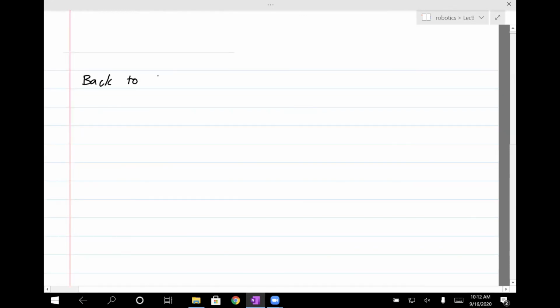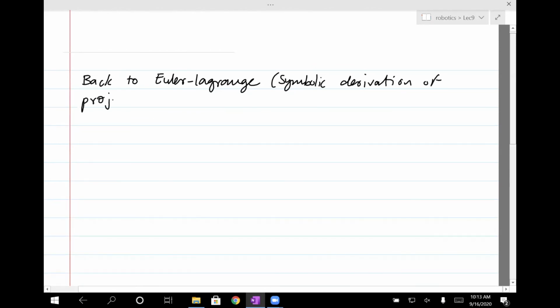Back to Euler-Lagrange, and in particular we'll do symbolic derivation of projectile equations. Okay, so as I said, the Lagrangian was half m times x dot square plus y dot square minus mgy.